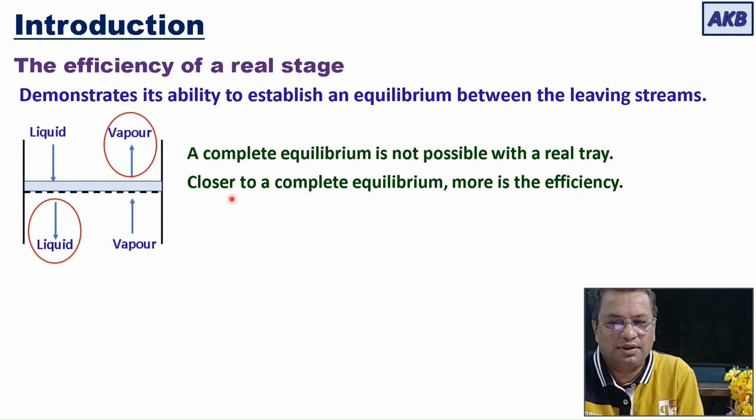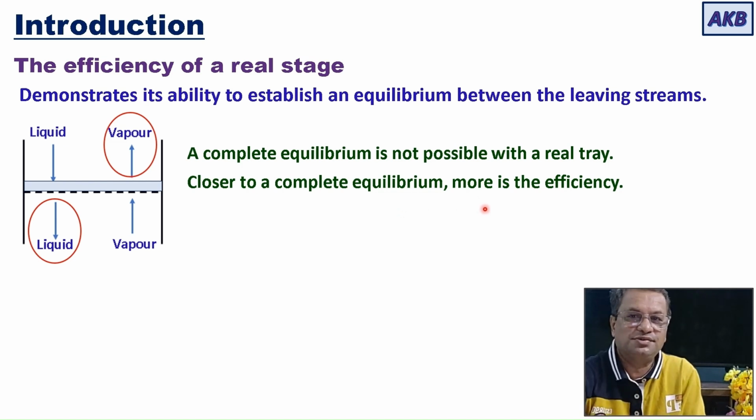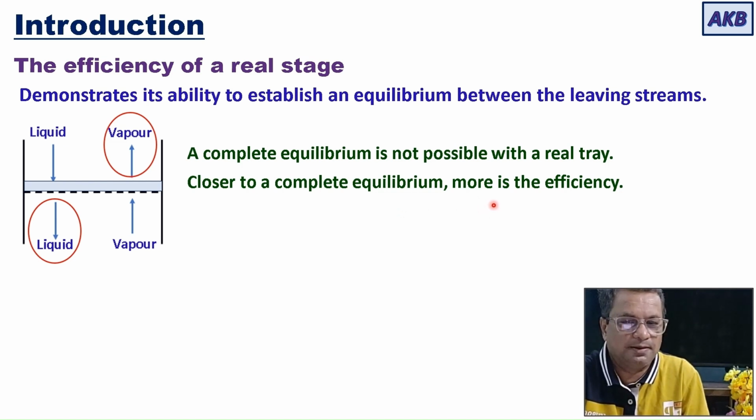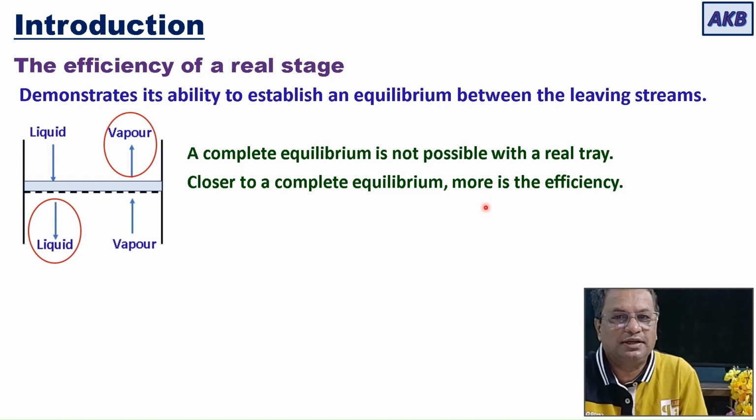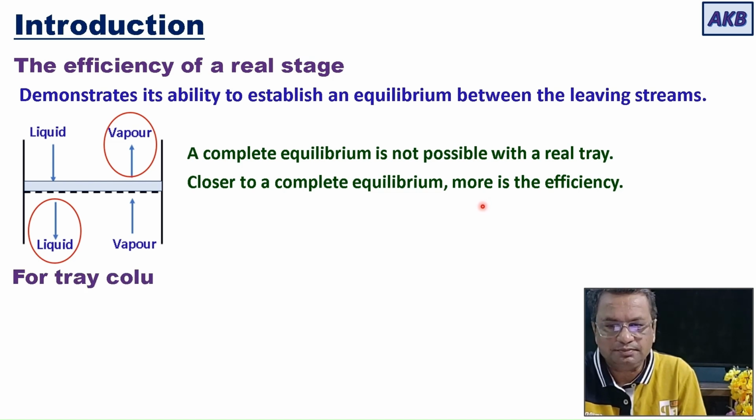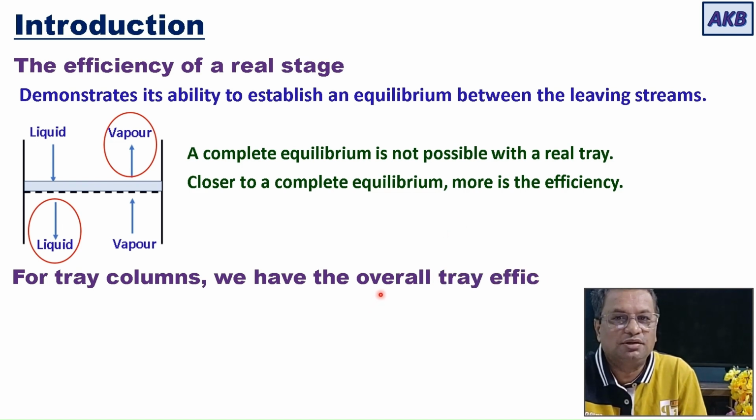So as you go closer to the complete equilibrium, more efficiency is possible in the case of a real stage. Okay. So for tray columns, we have what is called the overall tray efficiency.